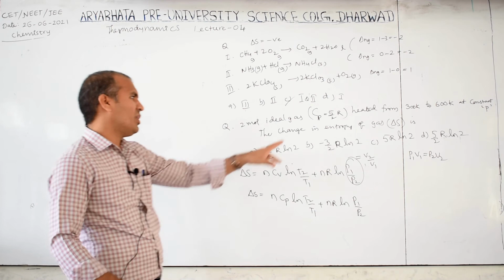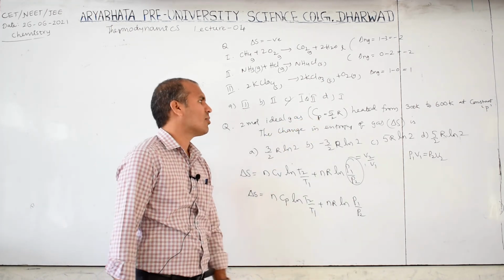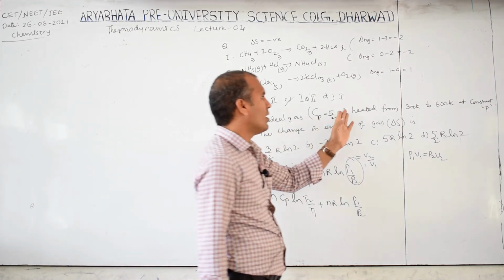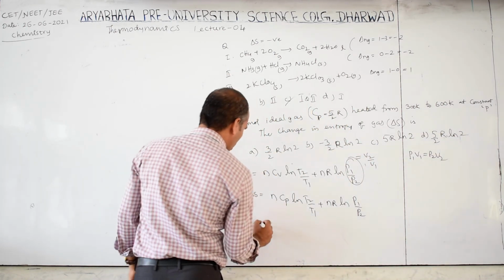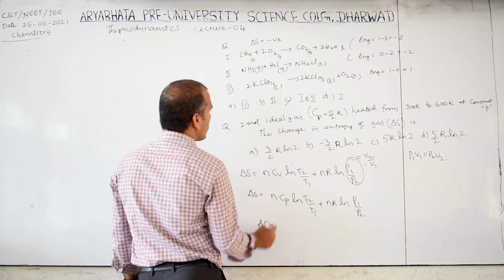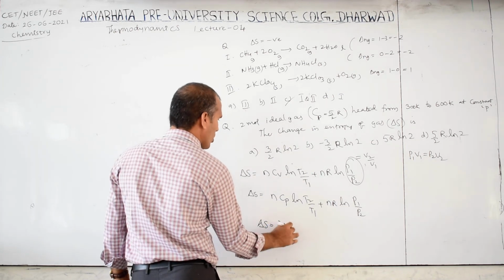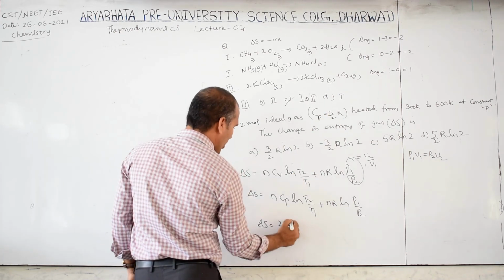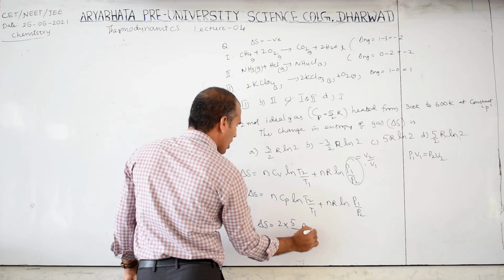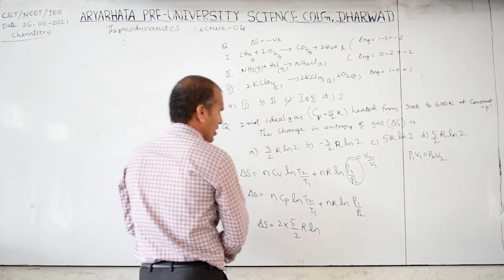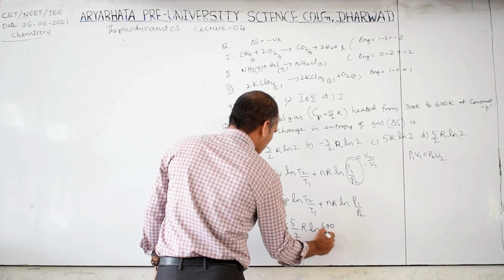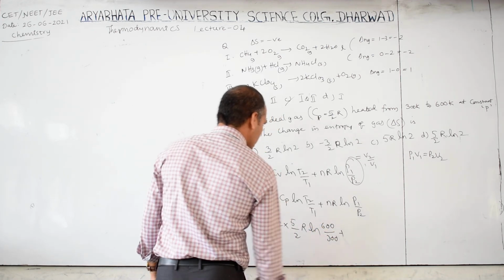Now Cp is given, therefore we have to use the second formula, and here heated from 300 to 600 is given. Therefore I want to write delta S is equal to how many moles given? 2 moles. 2, Cp value given, that is 5 by 2 R ln 600 by 300, plus nR ln P1 by P2.